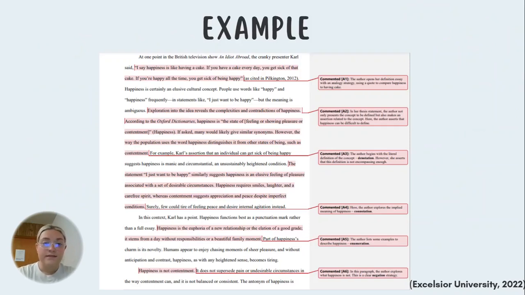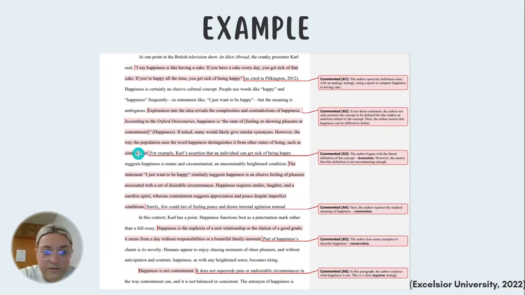So now looking at this example, you can see the highlighted areas where they use some of these techniques that I talked about. For this third comment right here where my cursor's at, you can see the denotation where they use the actual dictionary definition.